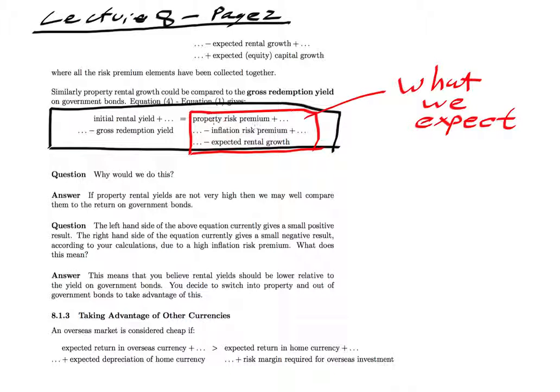So these are things that perhaps we've calculated or we've taken a view on. And maybe our result here comes out to be, I don't know, something like minus 0.3. And this thing on the left hand side, well, this is what we actually take from the market.